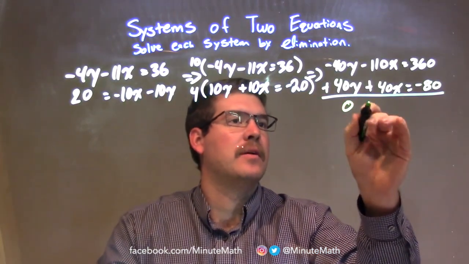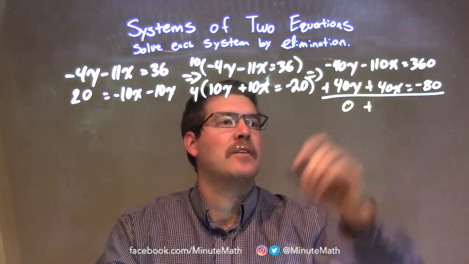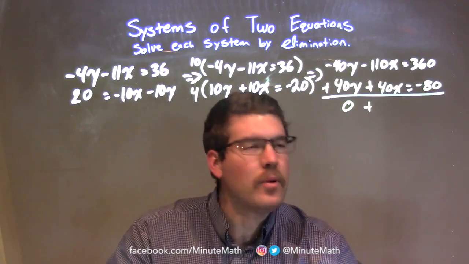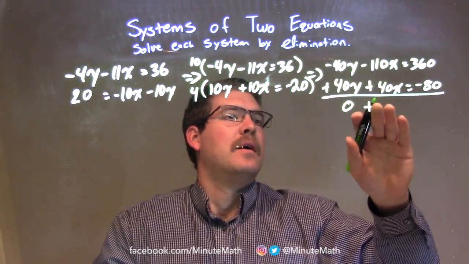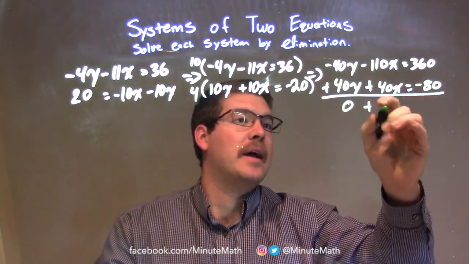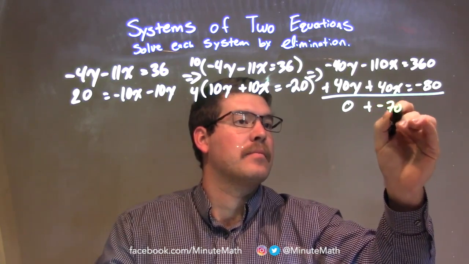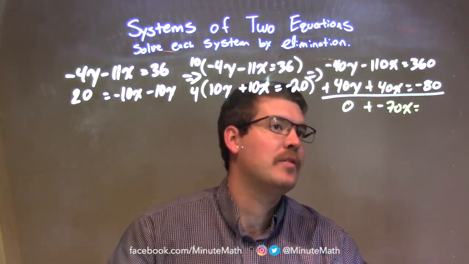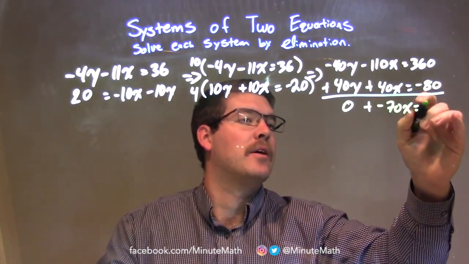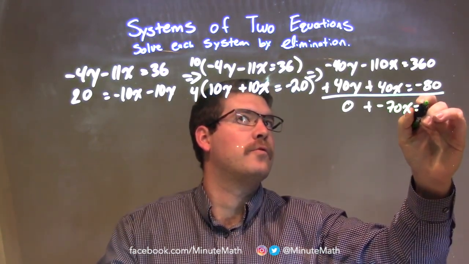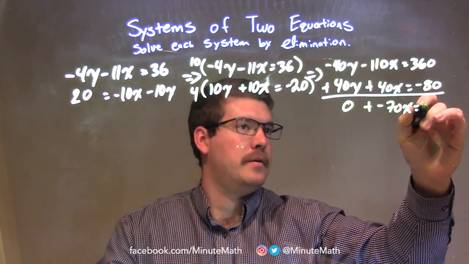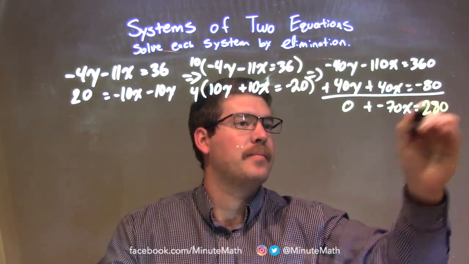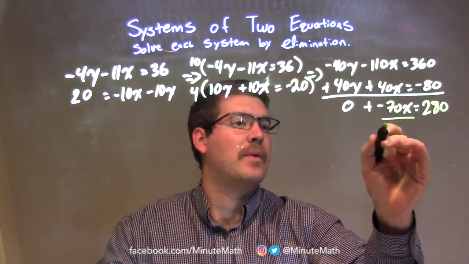Plus negative 110x plus positive 40x comes out to be negative 70x. Now 360 minus 80 is positive 280. So now we divide both sides by negative 70.